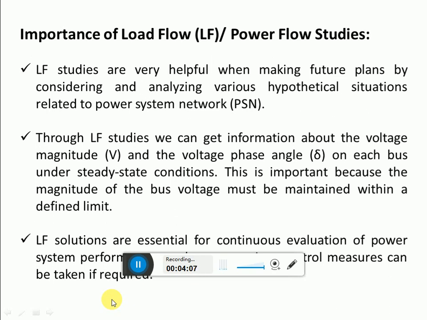So this load flow study will give us this information.